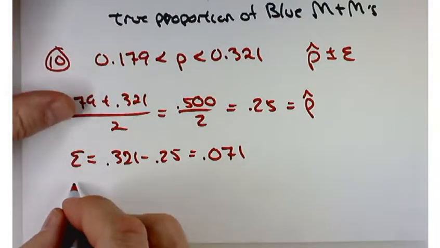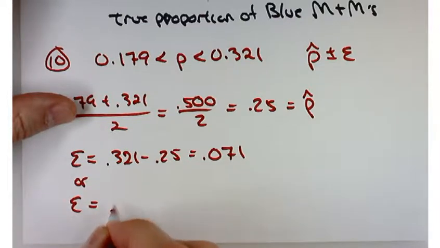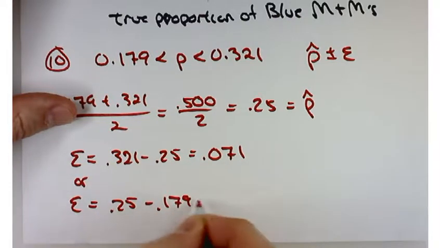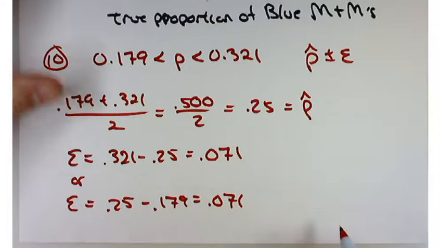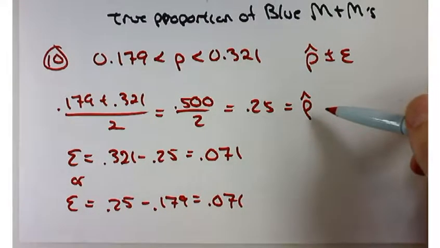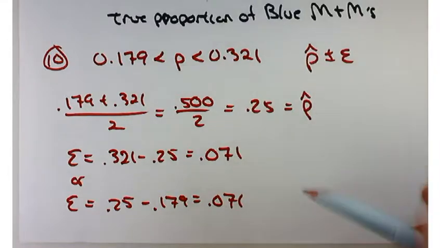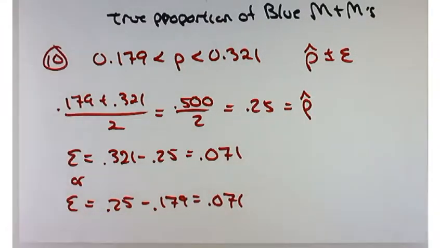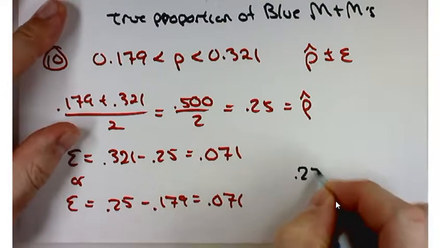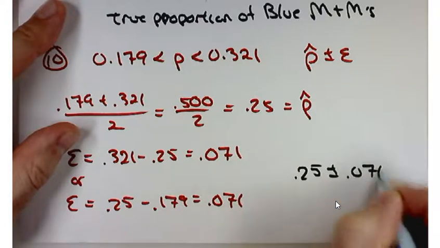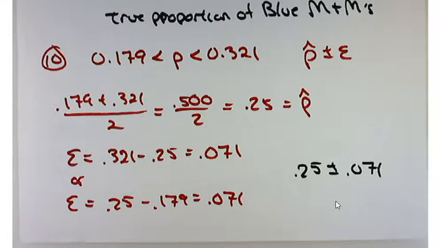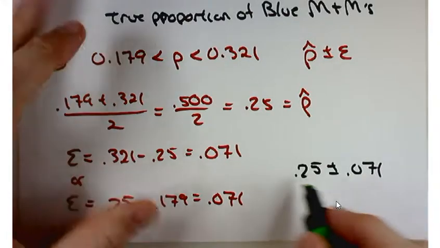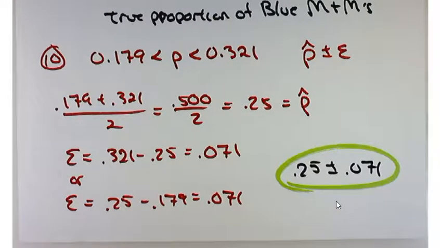You could have done it the other way. E would be 0.25 minus 0.179. Again, it's 0.071. Either way, we've got all the information we need. We've got p hat. We've got E. So to rewrite this then, as asked, we could do 0.25 plus or minus 0.071. And that would be your final answer for problem number 10. Okay on that one? All right.